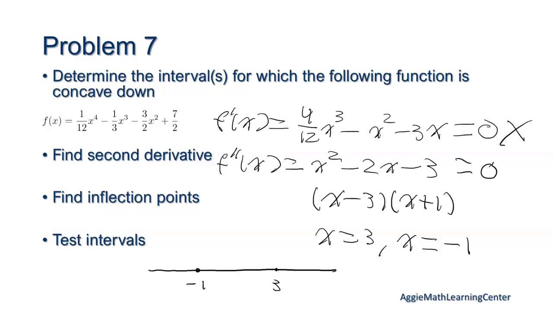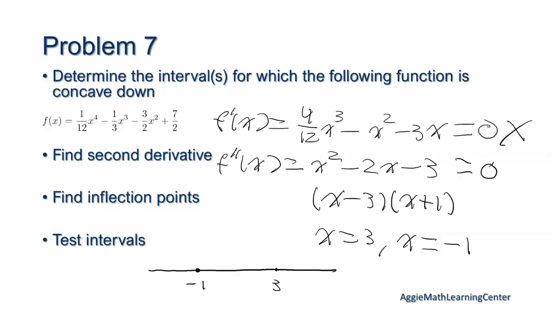We know for a fact that the concavity will not change on the interval from negative infinity to negative 1, because there are no inflection points between there. For the concavity to change, there has to be an inflection point. So the concavity can only change at negative 1 and 3.